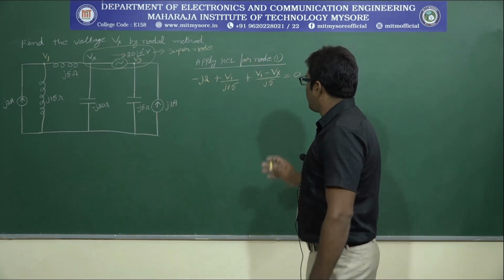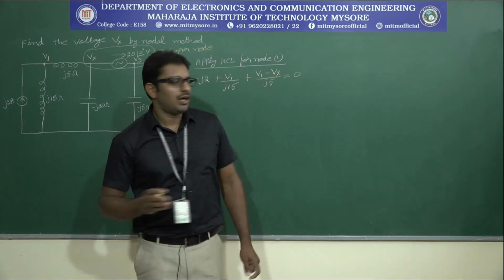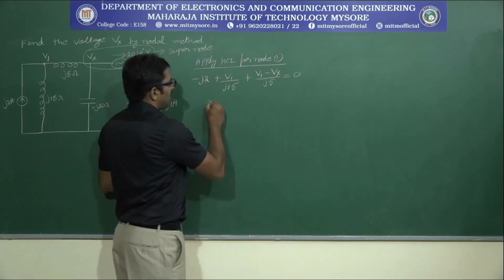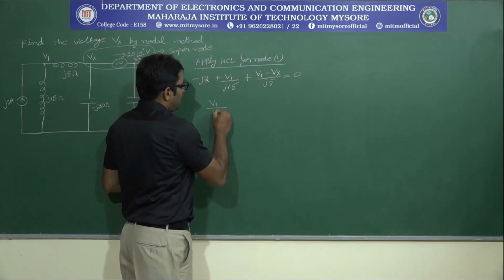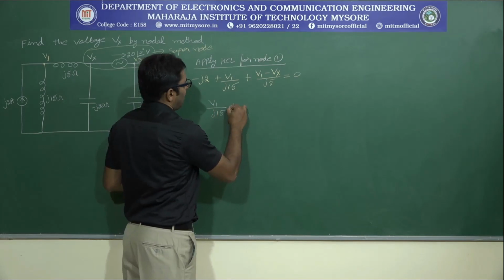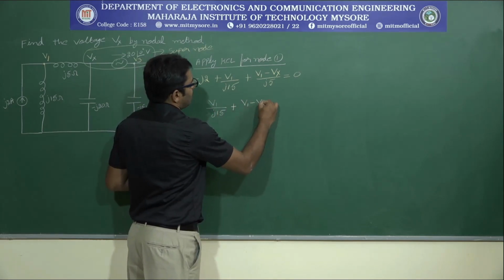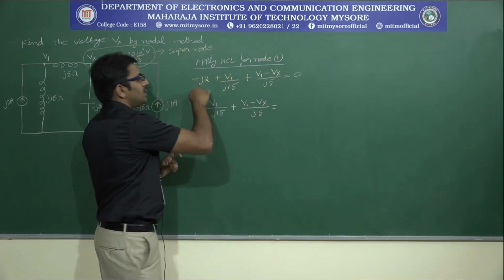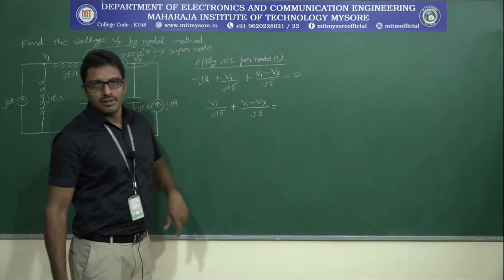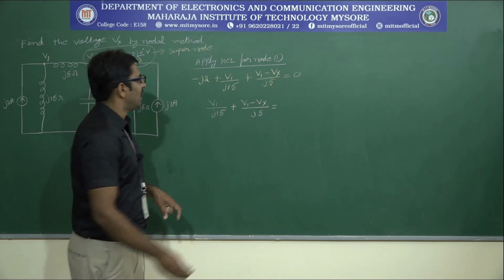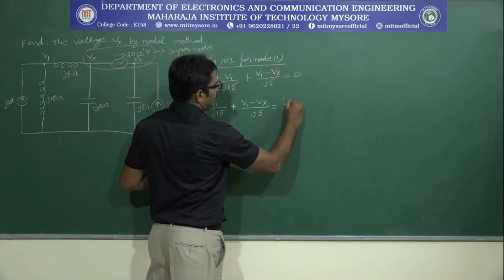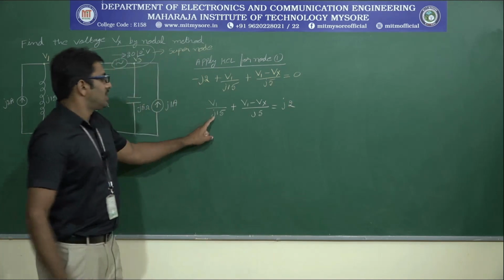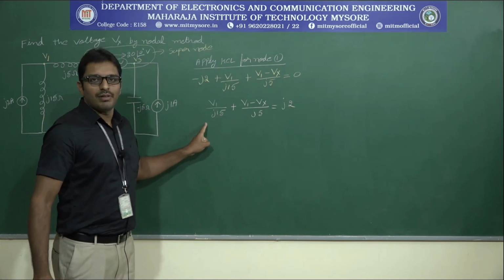Next, just simplify this equation. See how to simplify it. Minus J2 plus V1 by J15 plus V1 minus Vx by J5 is equal to zero; shift minus J2 to the right hand side, so J2. Here you can see J as a common factor.